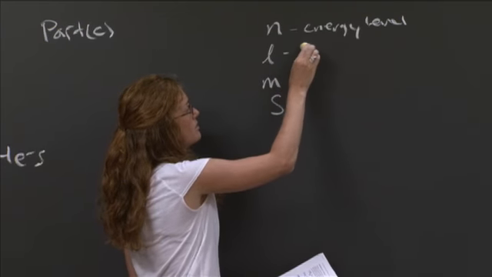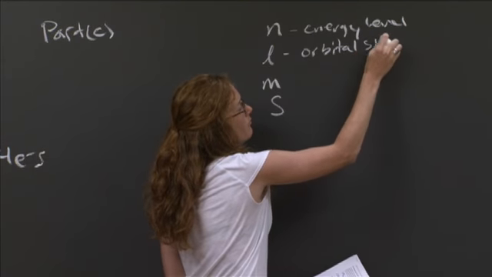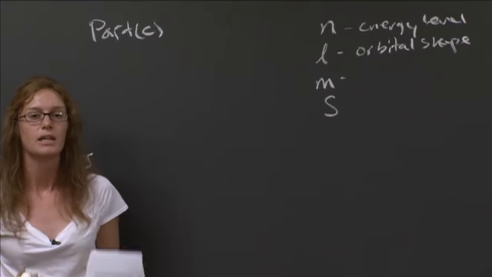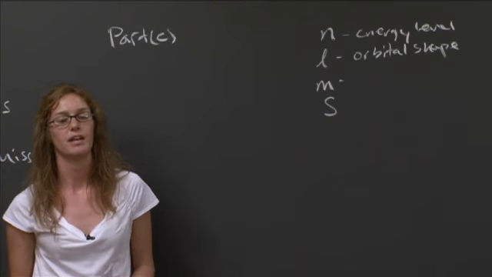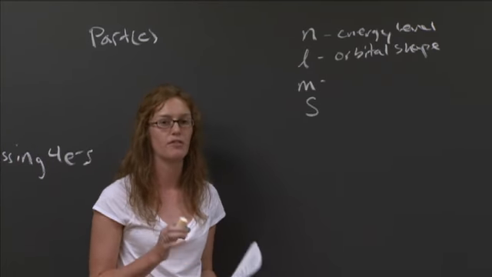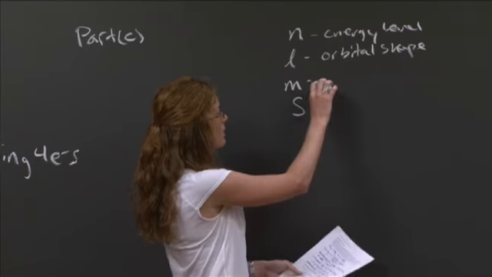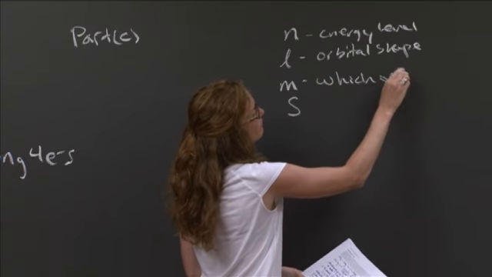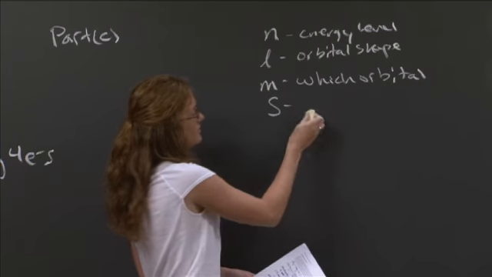So it just tells you your orbital shape, basically. m gives you the angular identity of the orbital you're in. We didn't really talk about that in depth. We just need to know, it tells you which of the p orbitals you're in or which of the d orbitals you're in. So I'll say which orbital. And the s is your spin.